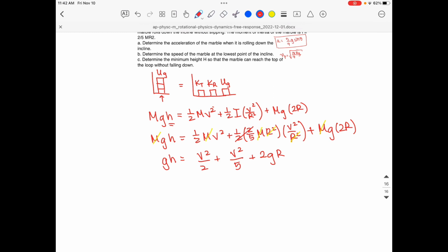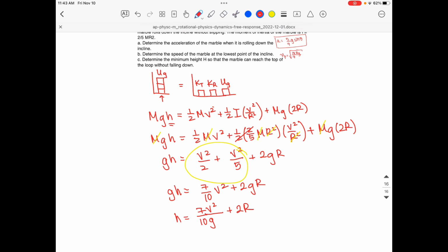And then I can combine these together, and I end up with 7/10 v squared plus 2gr, and then I can divide the g from both sides. So h is equal to 7/10, let me write it as v squared over 10g plus 2r.